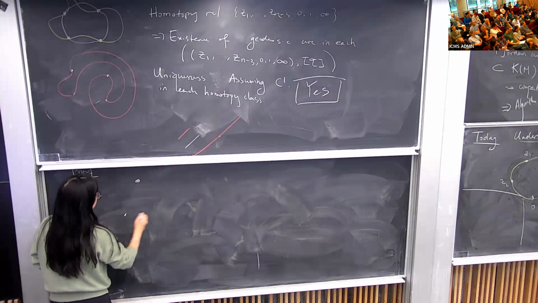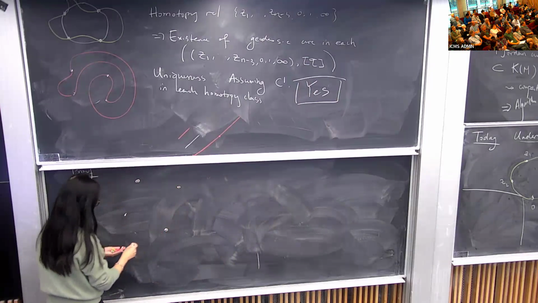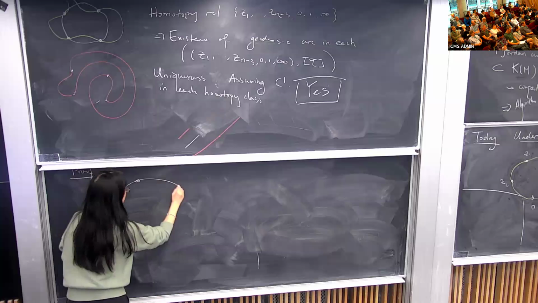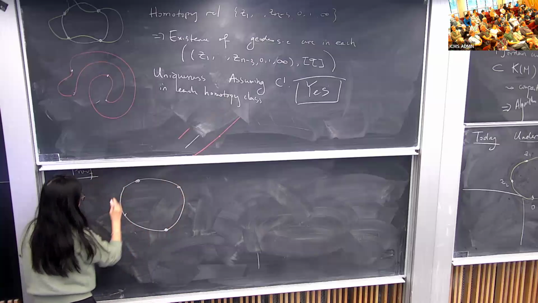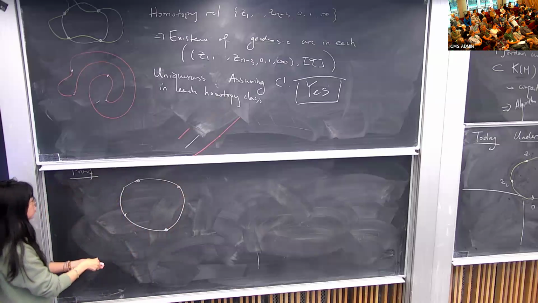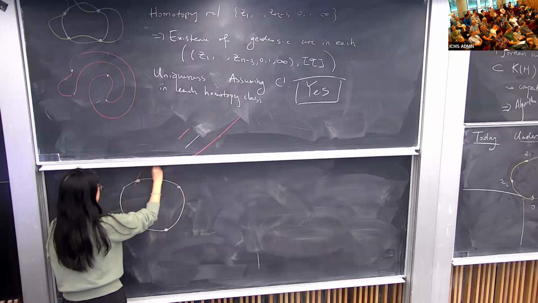Assume I will just draw it in the 4-point case. Assume I have two curves with the geodesic property.